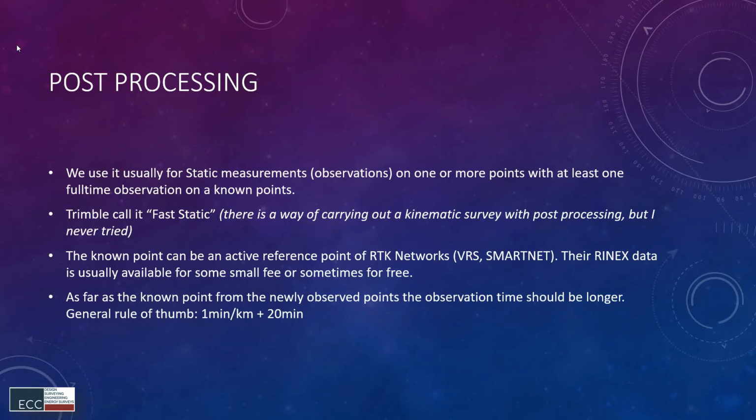For the base fast static, I usually log every 5 seconds, and for the rover I use every second. So in the whole-day measurement on the base, it won't be a huge file if just every 5th second is stored.